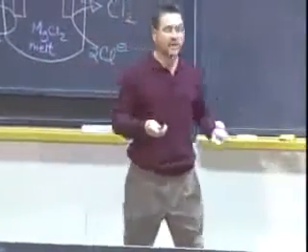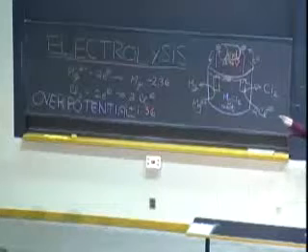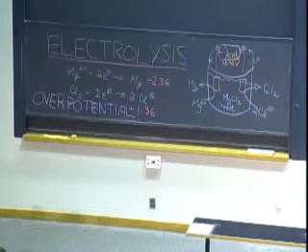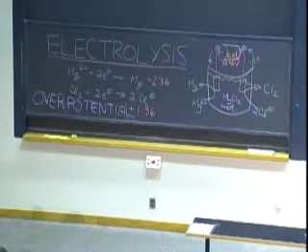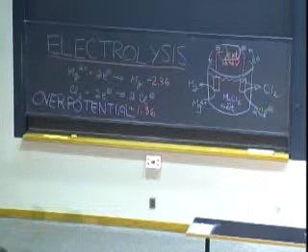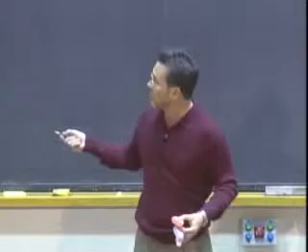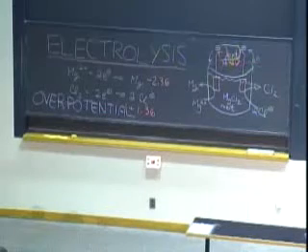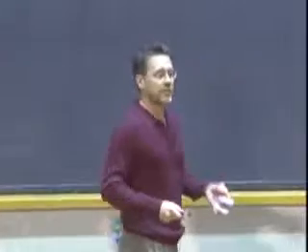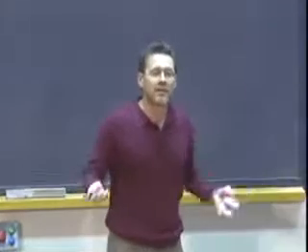In practice, you choose maybe a couple of platinum electrodes and dip them into the thing you want to electrolyze, and you apply an external potential much greater than the cell voltage of interest, and sometimes it's even a large amount in excess.